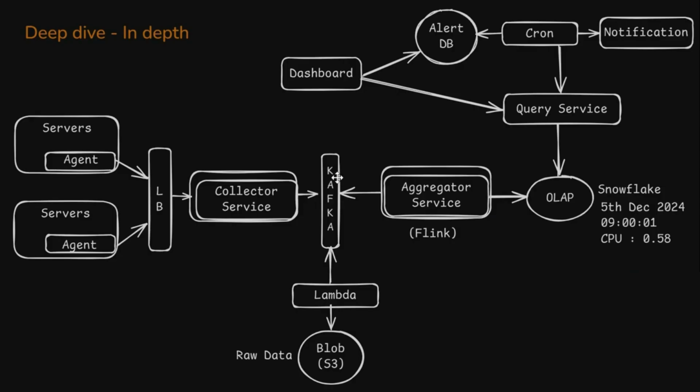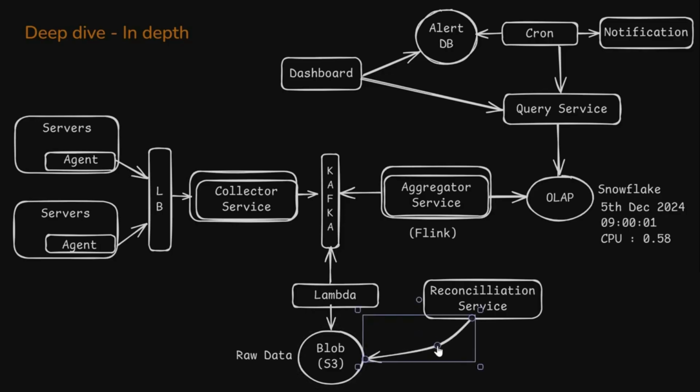So as a backup on this kind of a system where these aggregations are happening in real time from this Kafka messages, we also need to think about the reconciliation process. So we can introduce the reconciliation service. Periodically get the data from S3 bucket and do a kind of a reconciliation back to this OLAP database.